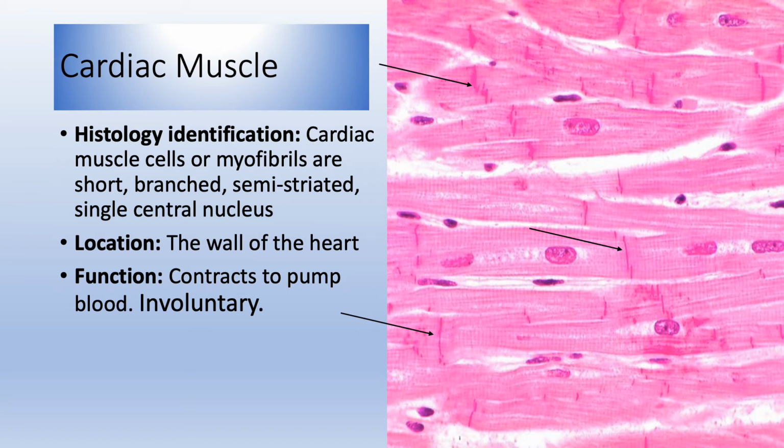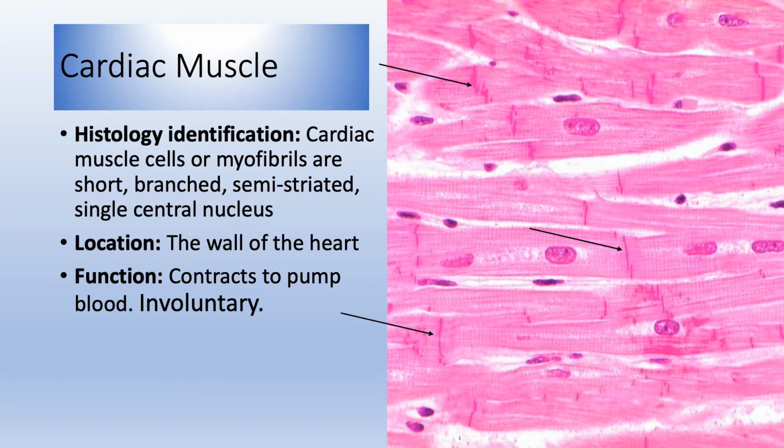Cardiac muscle forms the walls of the heart and its function is pumping the blood. Cardiac muscle is under involuntary control. That means it works without conscious control of the brain. The cells of cardiac muscle, known as cardiomyocytes, also appear striated under the microscope, but not as clearly as skeletal muscle.